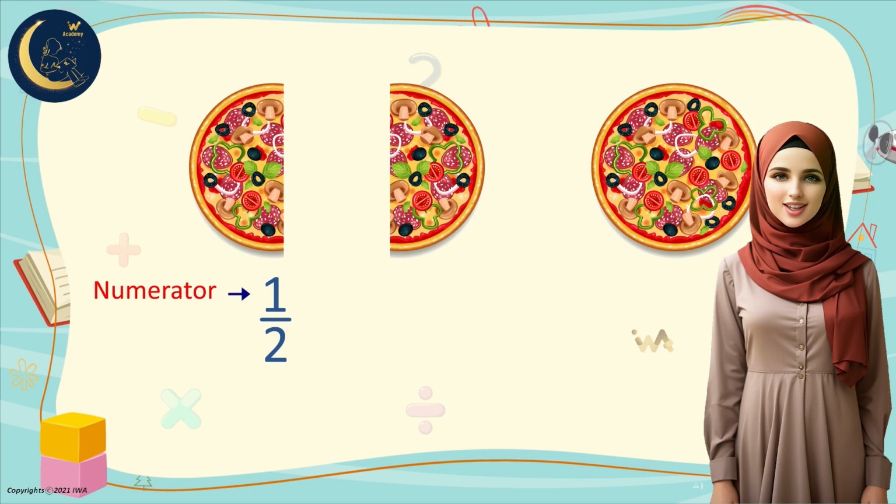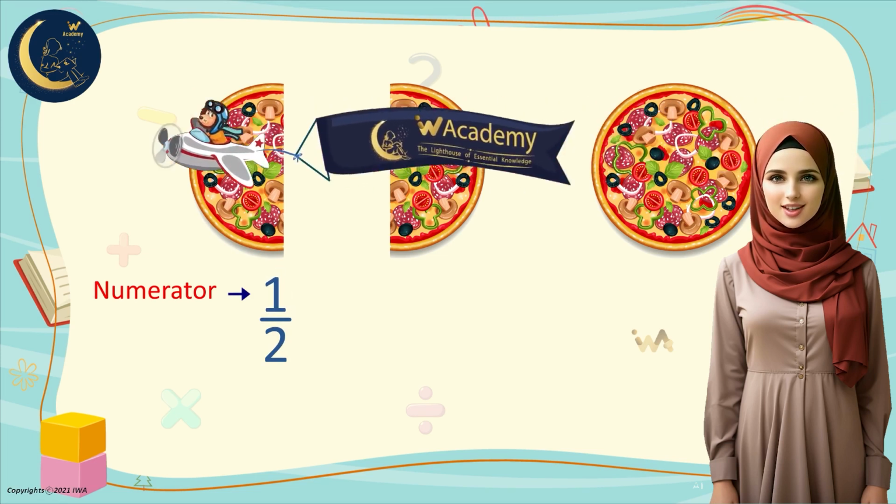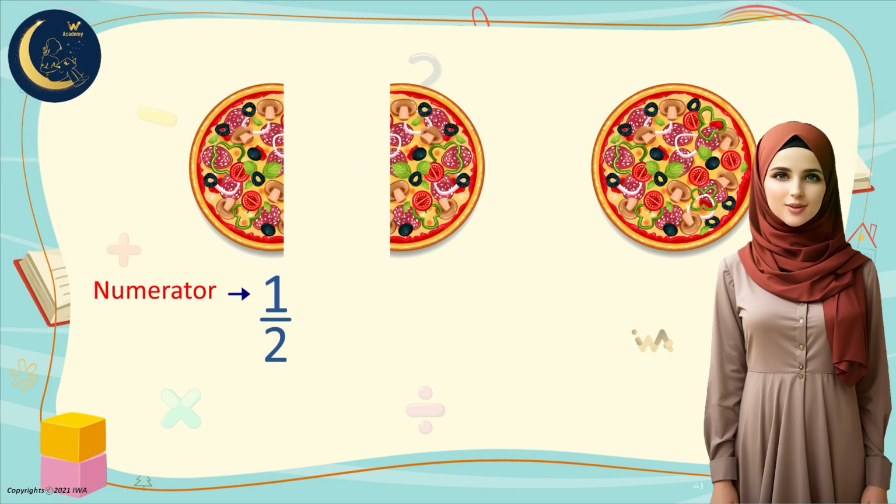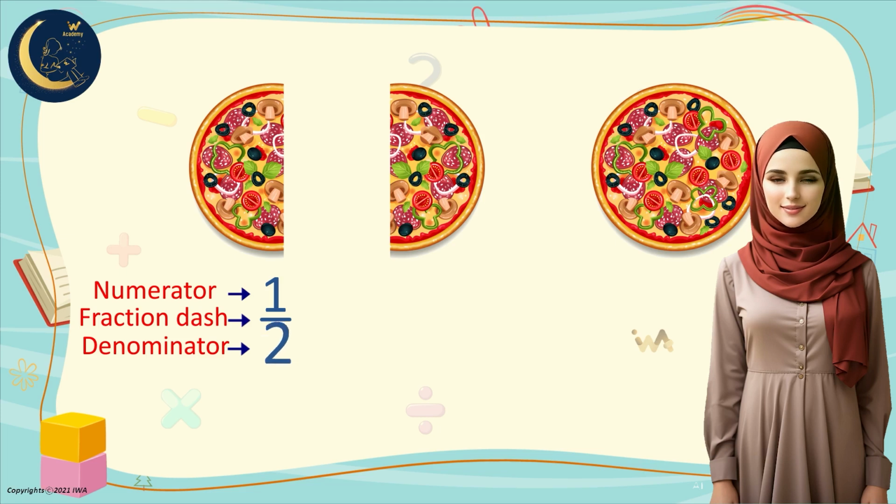For example, here we are talking about 1/2 of a pizza, so we wrote 1. This is called a fraction dash. But the number in the bottom is called the denominator. It expresses the number of all parts. Here, we divided the pizza to 2 parts only, so we wrote 2.